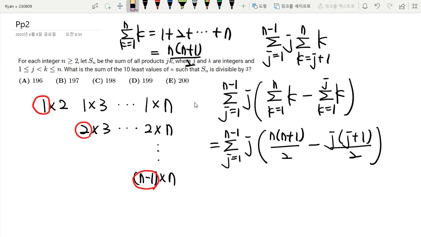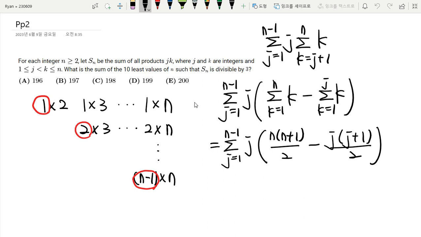So that's why I can change the first sigma notation to n times n plus 1 divided by 2, and for the second sigma notation I just change n to j. And then we can open the parenthesis, and in this case the n times n plus 1 divided by 2 can come out of the sigma notation, because this sigma is made for j, not n.